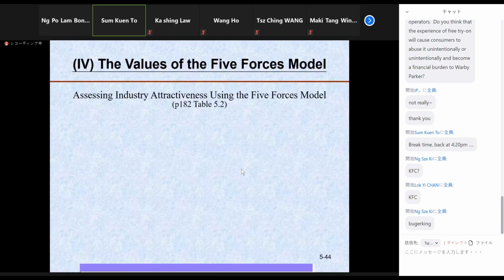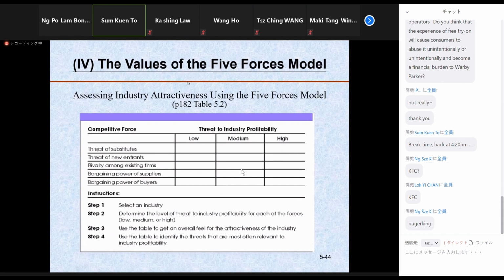So in your upcoming future business plan, after you have conducted the BERNS analysis, the analysis about the 5 forces model, the BERNS stands for B, buyer; E, existing firm; R, replacement, substitute; N, new entrance; and S, supplier.